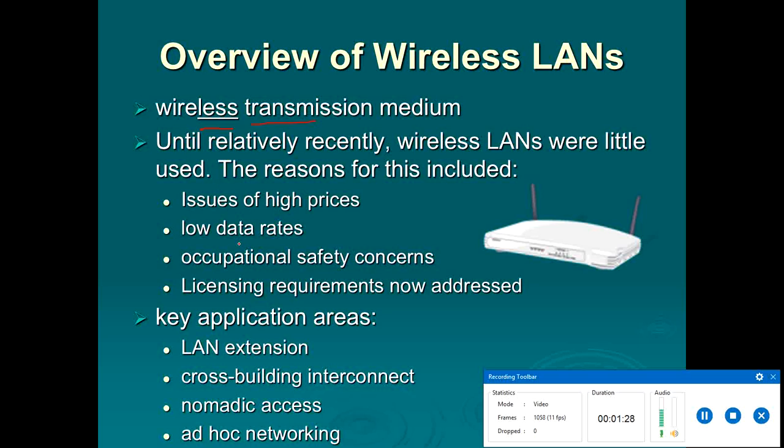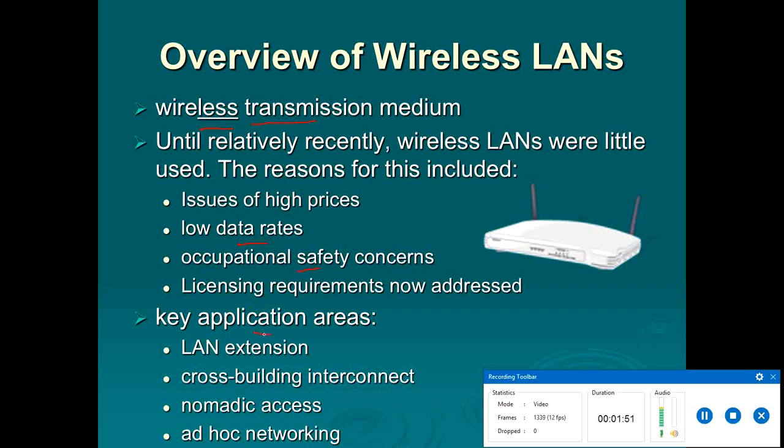They had low data rates, certain safety concerns, and licensing requirements. But now the licensing requirements are solved. Because all these constraints have been overcome, wireless LANs are now used more and more, and they are more popular.